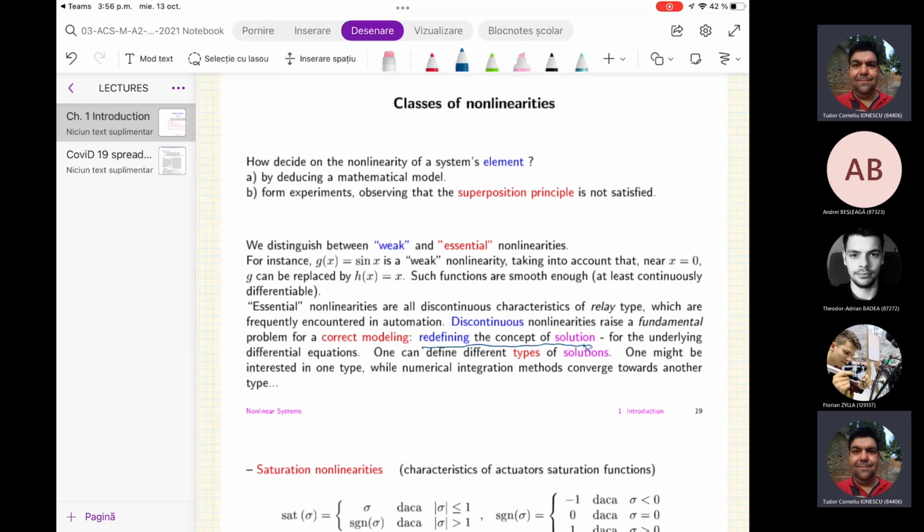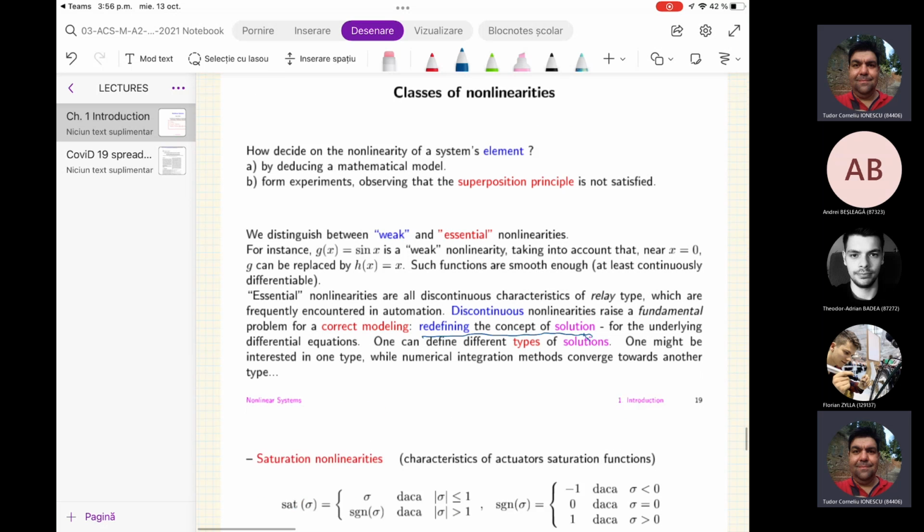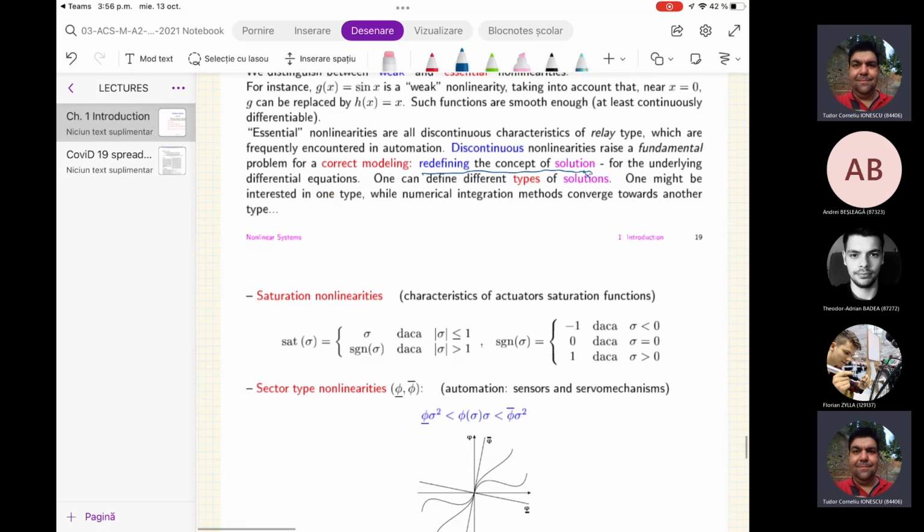One might be interested in one type, while numerical integration methods may converge to another type. This is another issue that happens with essential nonlinearities.